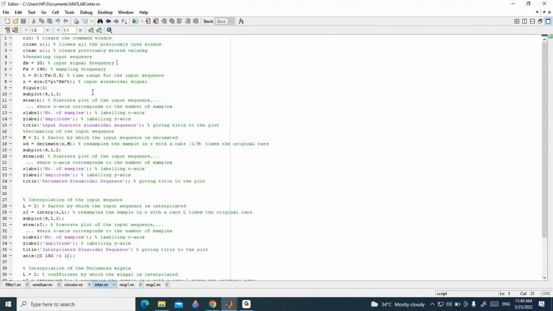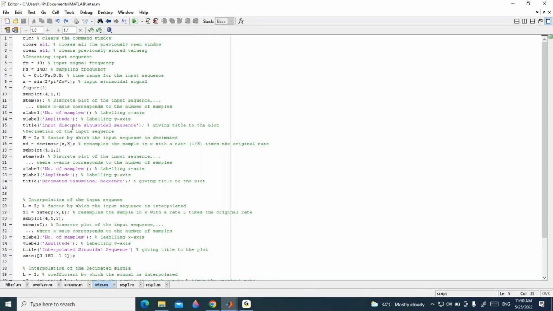The input signal is x equals sin(2 pi fm t). Now we plot this input sequence by using subplot(4,1,1), stem(x). For this sequence, we give the x label as number of samples, y label as amplitude, and title as input discrete sinusoidal sequence.